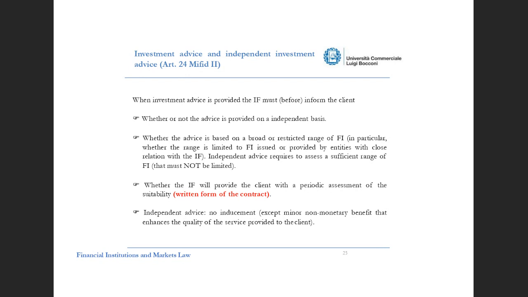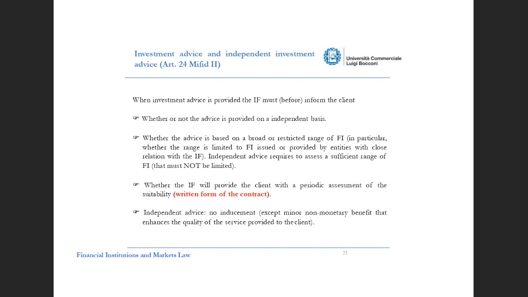And most importantly, if an advisor holds himself out to be independent, he cannot receive any inducement except minor non-monetary benefits, but it's really a very narrow exception. In principle, an independent advisor may not get any inducement, and inducement means commissions paid by the companies whose products he is advising upon. So this is entirely prohibited for independent investment advisors.